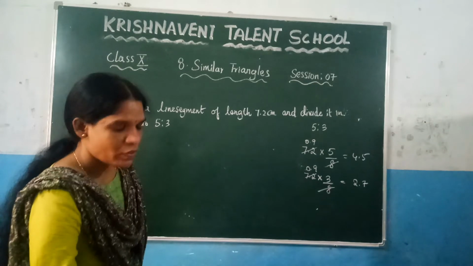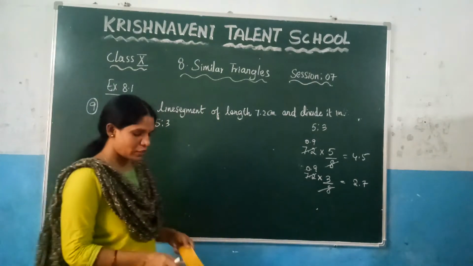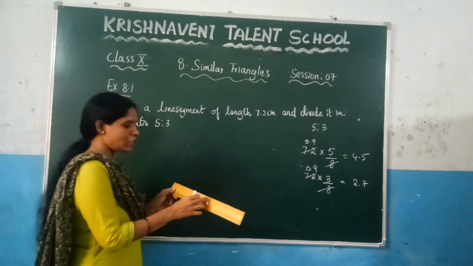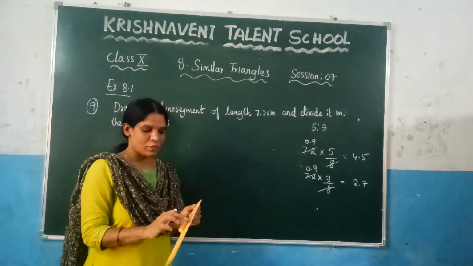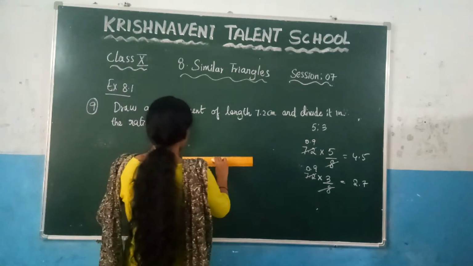So for that, first you need to draw the line segment of length 7.2 centimeters. So here draw 7.2 centimeters, and you know that in between 7 and 8 you will get 7.2. After 7 you will get 7.1 and 7.2. So draw it here 7.2.